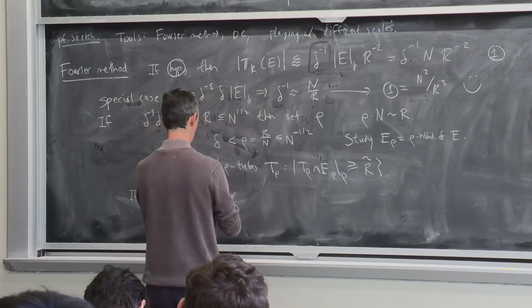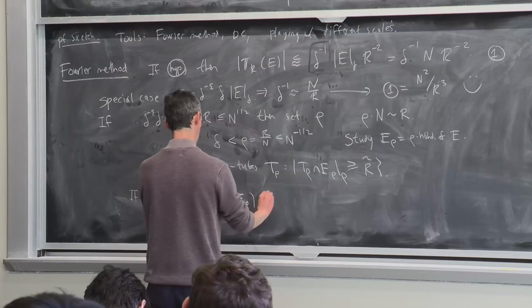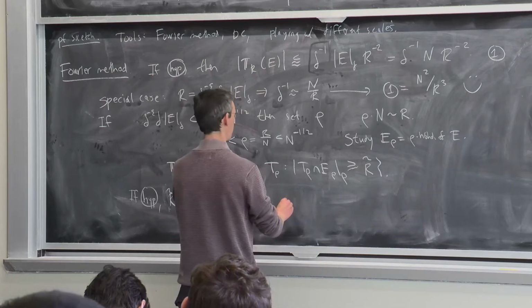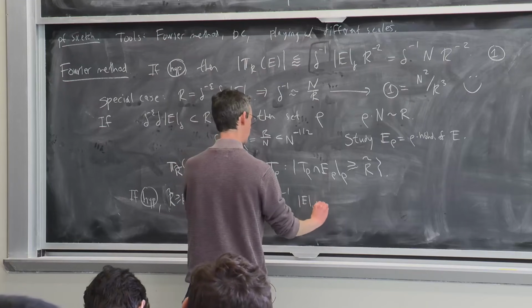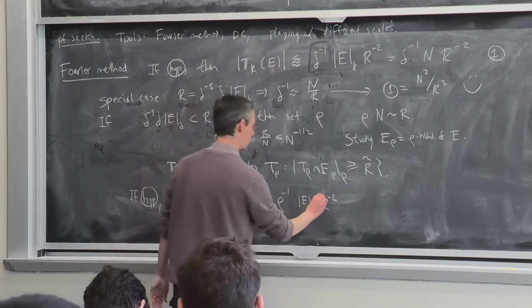Then T_r tilde of E rho will be bounded by rho inverse times E delta times r to the minus 2, times r tilde to the minus 2.